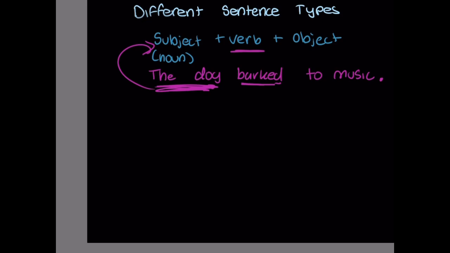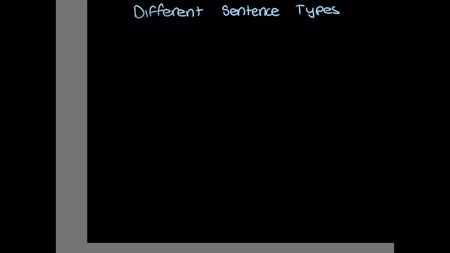Okay. Now I want to make sure I can teach you guys what the difference between independent and dependent clauses are. Because to learn these different sentence types, it is the most important thing for you to know the difference of.